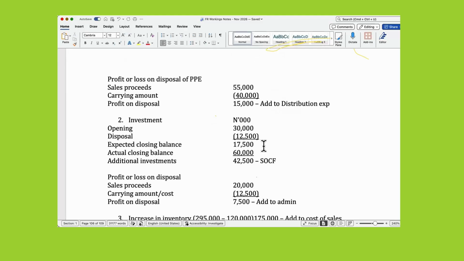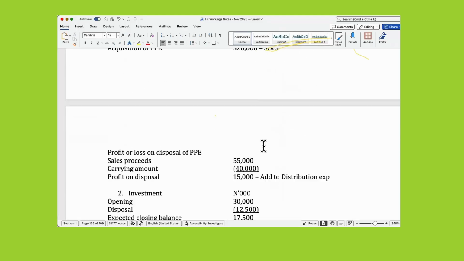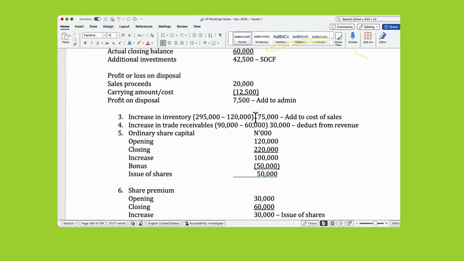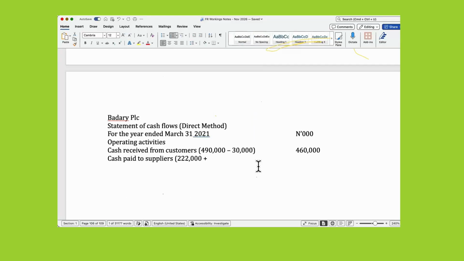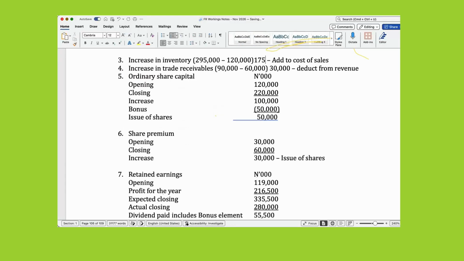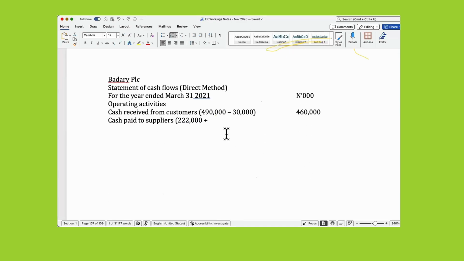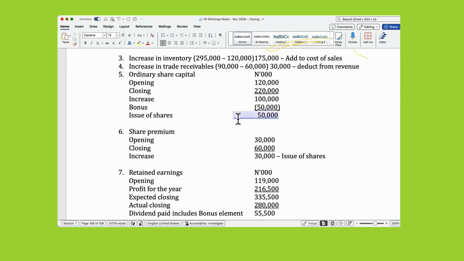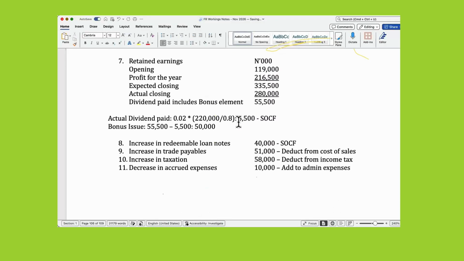My inventory, what is the increase in inventory? That's 175,000. I'm adding to cost of sales. And I'm deducting payables, this 51,000.